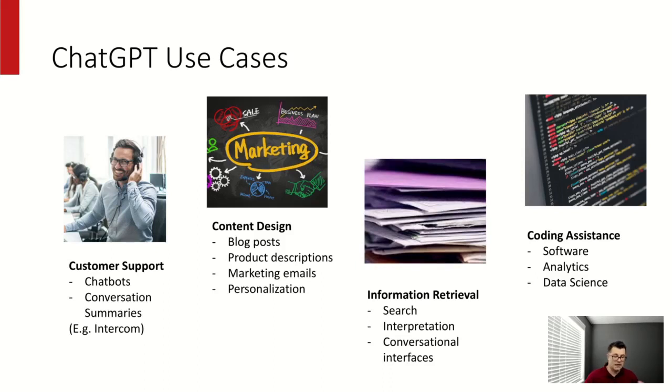Anybody that knows how to code and has tried out ChatGPT knows that it's producing fairly decent code. So you could give it English instructions and it will generate, for the most part, code that works very well.